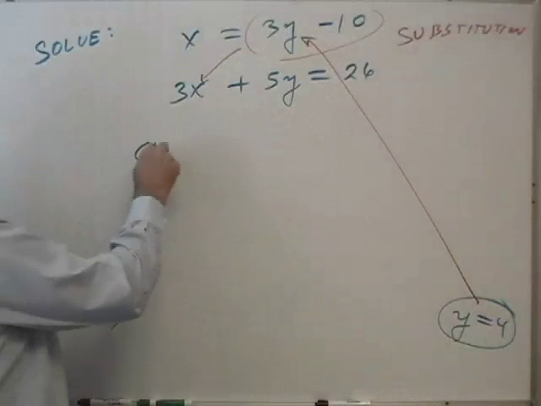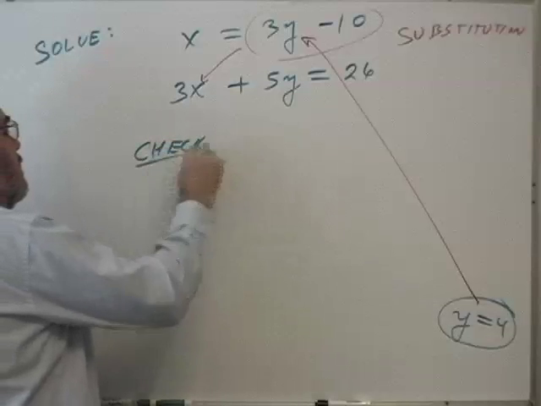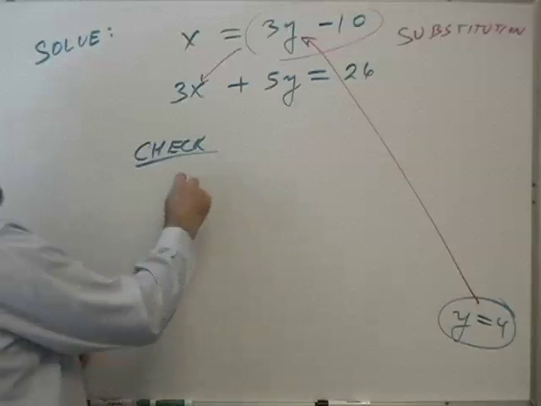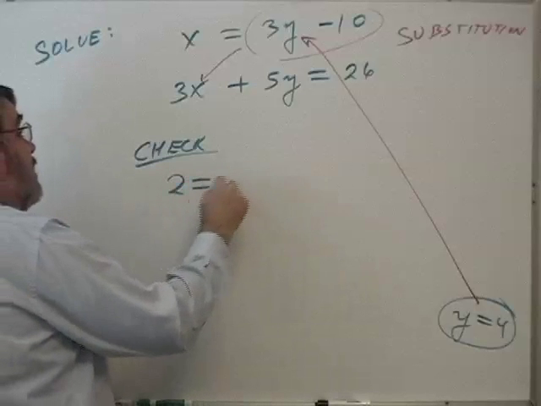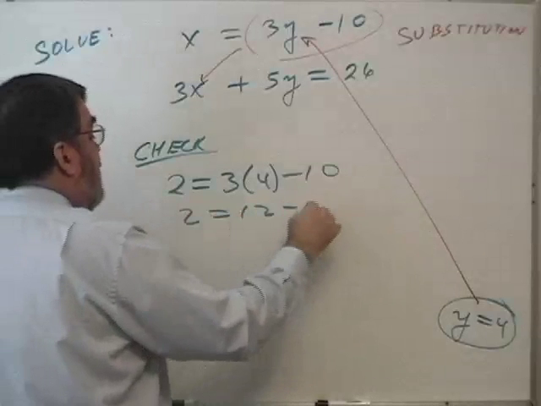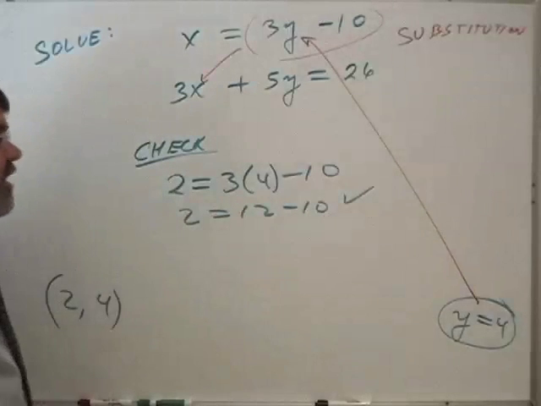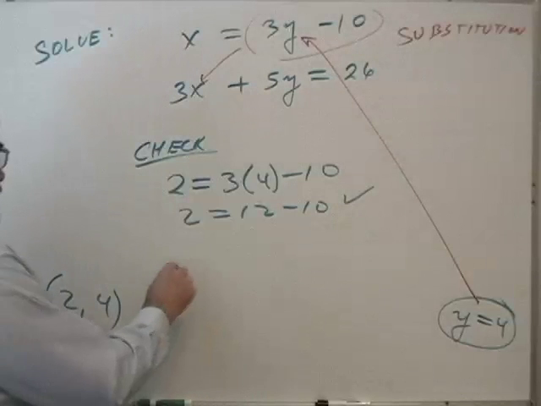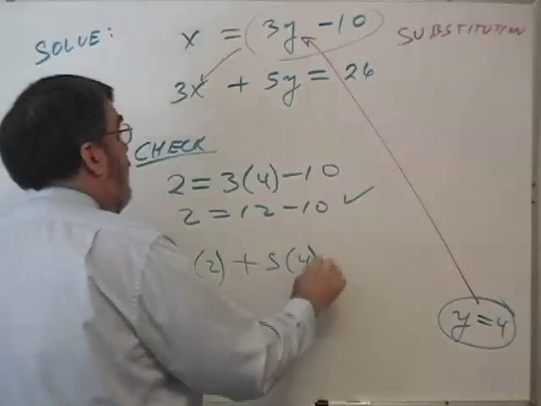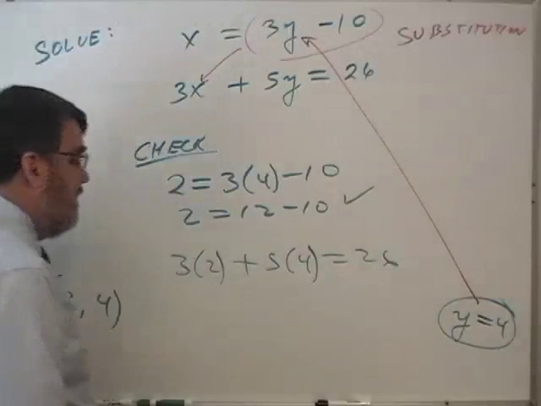All right, so to check, we're going to have, let's see, x is 2 and y is 4. So in the first equation, 2 equals 3 times 4 minus 10. 2 equals 12 minus 10. That checks out. In the second equation, I've got 3 times 2 plus 5 times 4 should be 26.